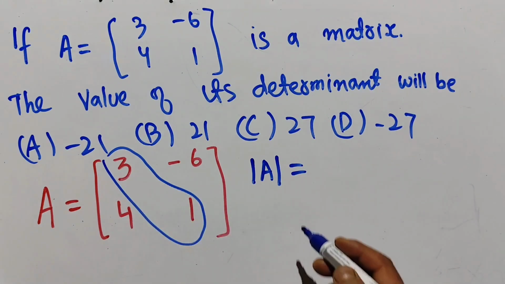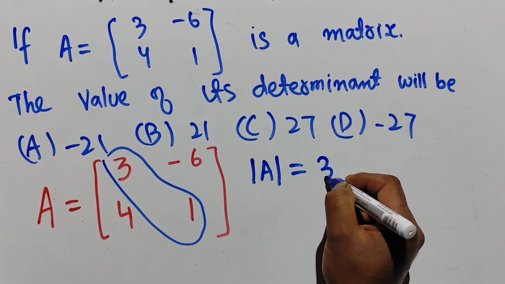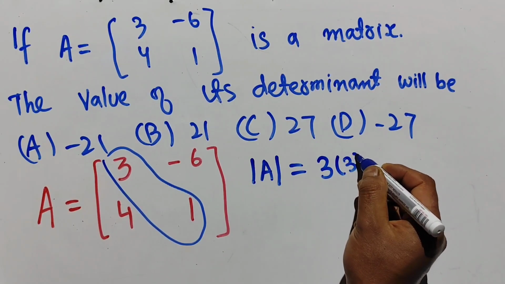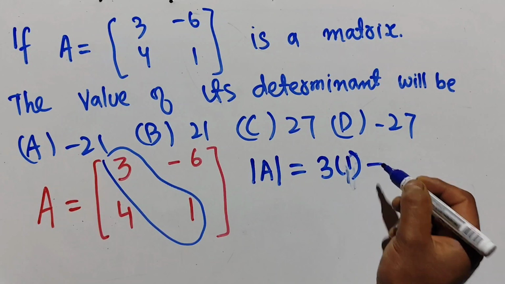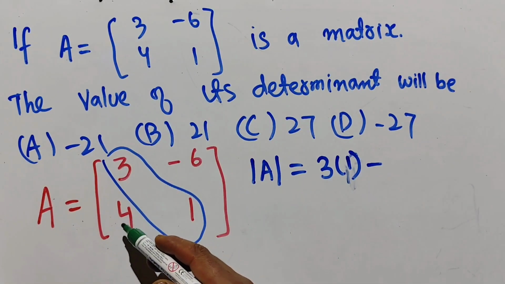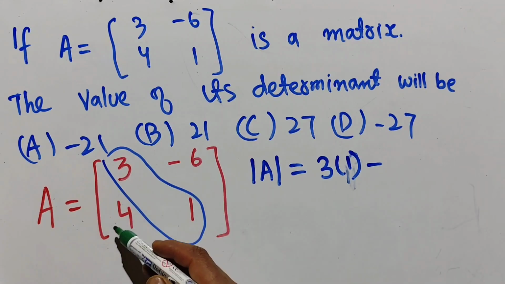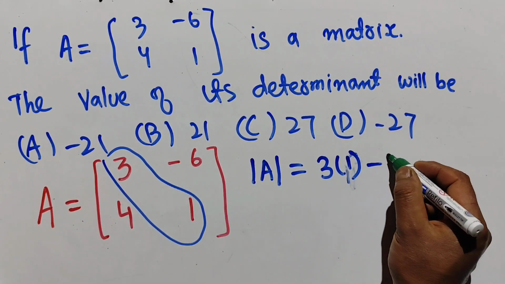So first we multiply these two terms, that is these two elements, that is 3 into 1. So we have 3 into 1. From this we subtract the product of the non-principal diagonal elements. Okay, we subtract the product of these two terms, that is 4 and minus 6.